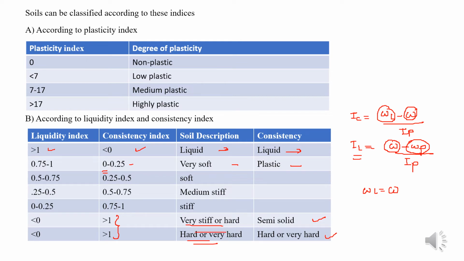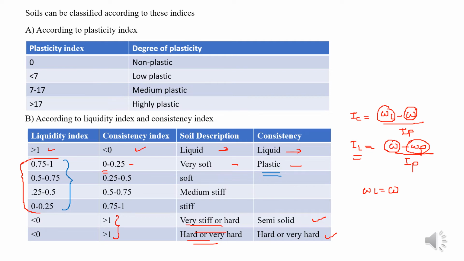Now we can also just look at my liquidity index. So liquidity index usually varies between 0 to 1, right? We see when the liquidity index is 0 to 1, we can say soil is in a plastic state. Corresponding to the IL value 0 to 1, my soil is in a plastic state, right? So this liquidity index can be also useful like my consistency index.